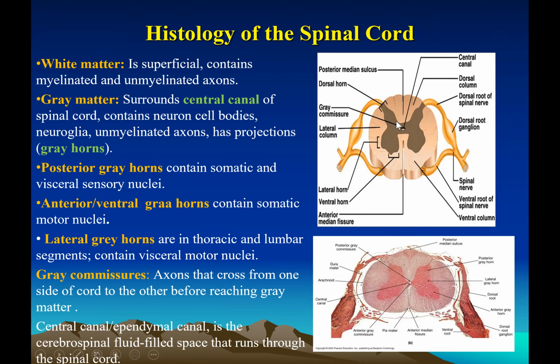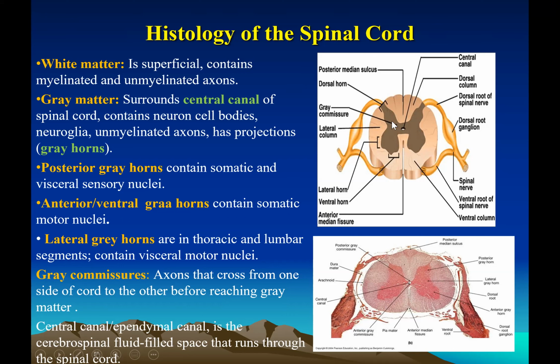So we have the posterior horn, a lateral horn, and an anterior horn in the gray matter, and the central canal right in the center. The posterior horn has somatic and visceral sensory nuclei. The anterior horn contains somatic motor nuclei. And the lateral horn is mainly found in thoracic and lumbar segments.